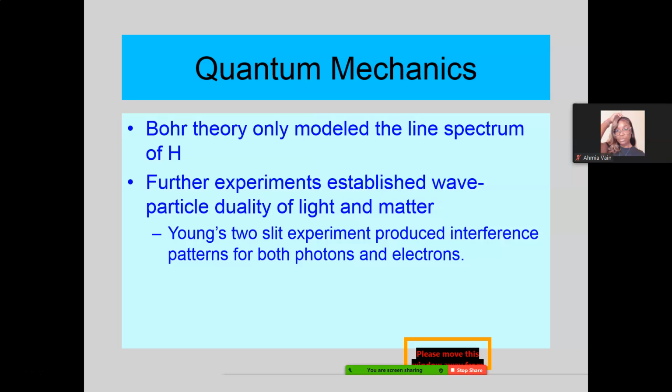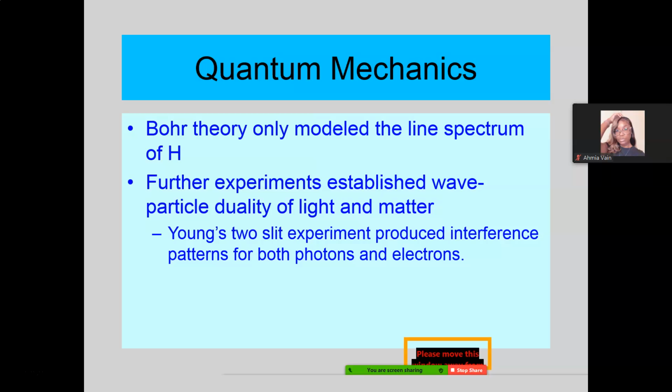And I wish I could find the name of the guy. I've heard it before and I can't remember his name. Young, I can't remember his first name, but he came up with a two-slit experiment, and he produced interference patterns for both photons, which is totally light, and electrons, which is totally matter.